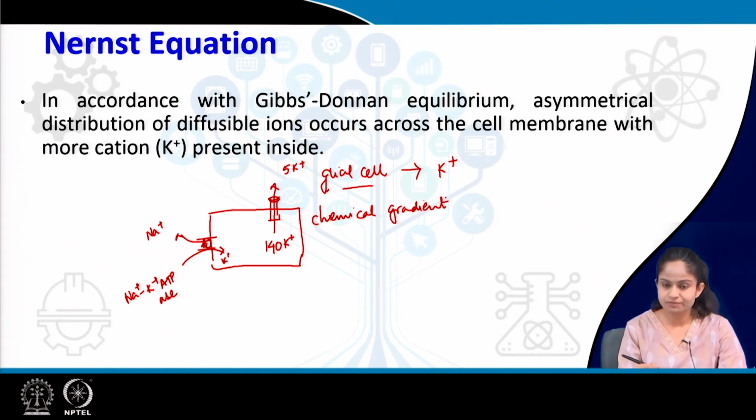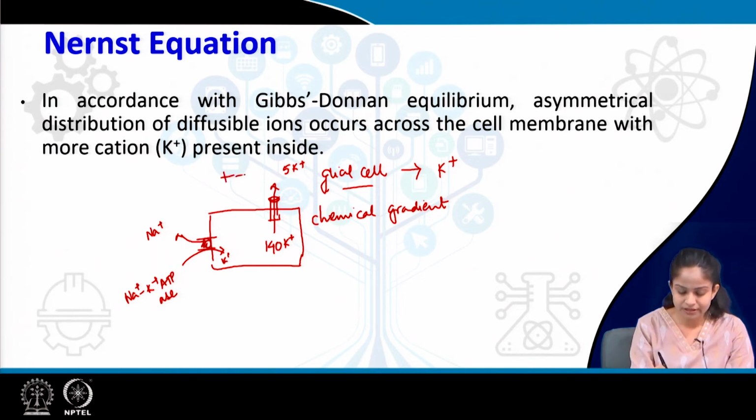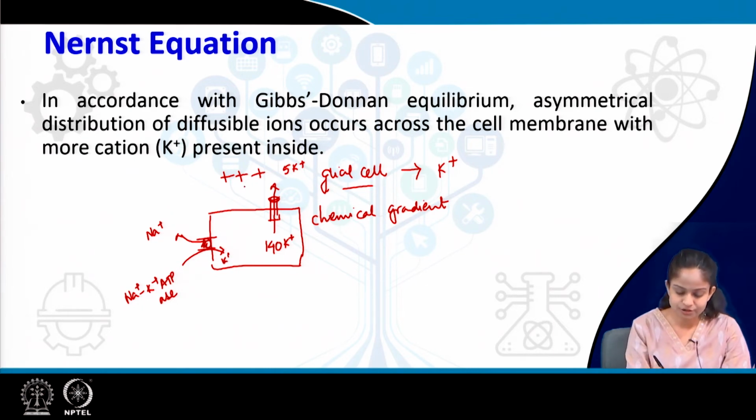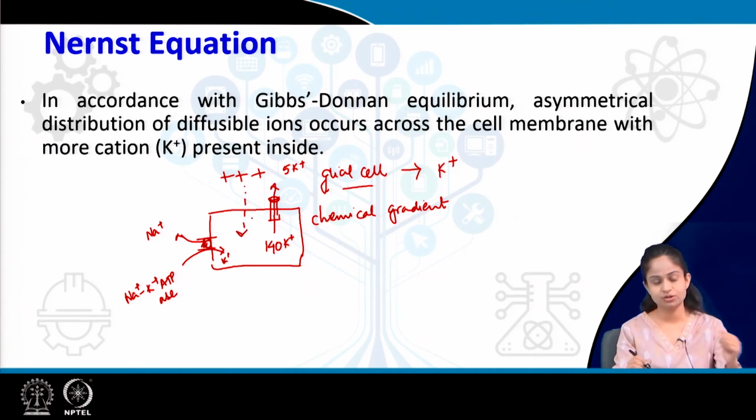When the potassium is going outside, there is also accumulation of positive charges in the extracellular fluid. These positive charges will cause the potassium to go back into the intracellular fluid. That means the positive charges will oppose the flow of potassium ions from inside to outside.